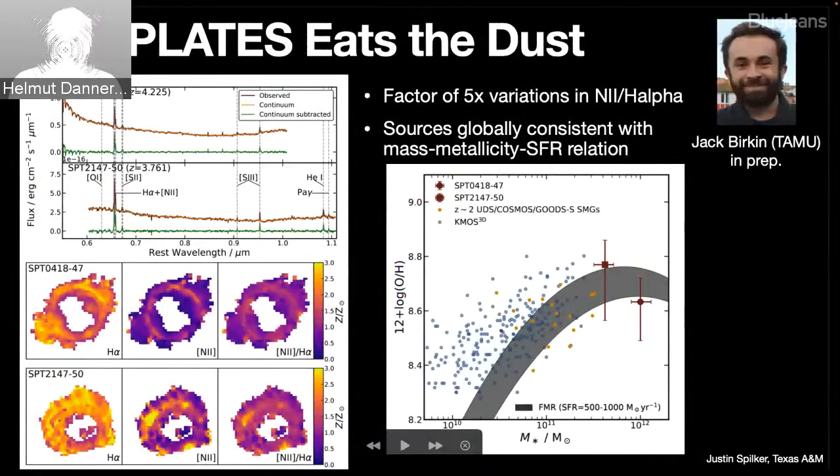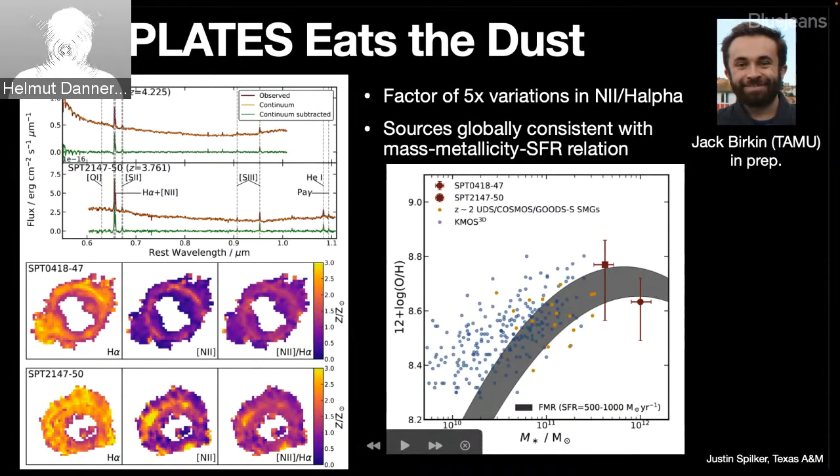One other early result that's upcoming is from a postdoc of mine at Texas A&M, his name is Jack Birkin. This is looking at those rest optical nebular lines in those very obscured sources. These were observations that were simply not possible before Webb. These lines obviously were redshifted outside of atmospheric windows, and the extinction, as Kedar mentioned, is 5 plus.